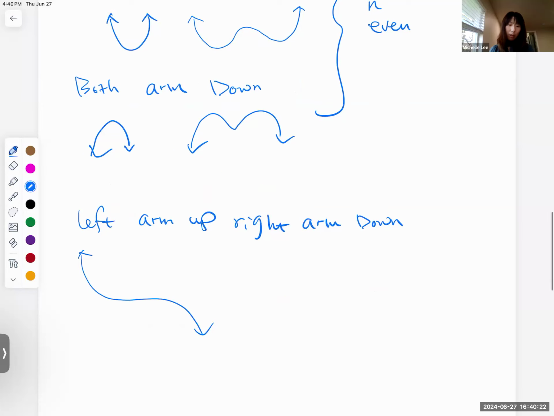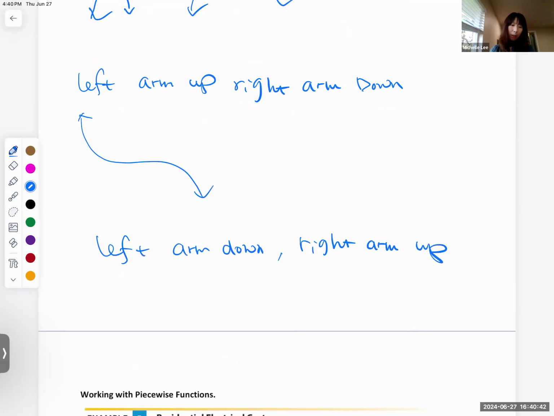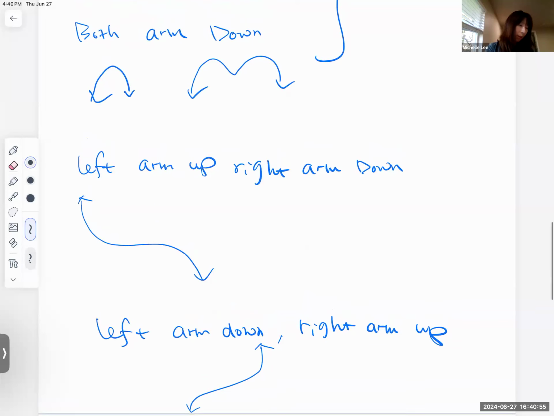And this one, hold on one second, left arm down and right arm up. So this one looks like this, yeah? Okay, then this is n is odd, right?